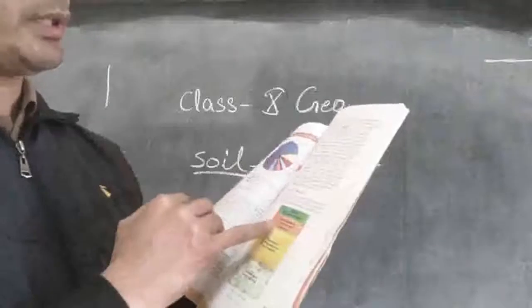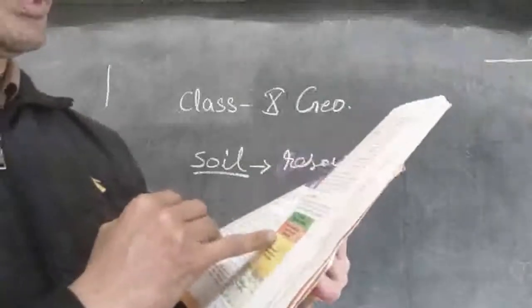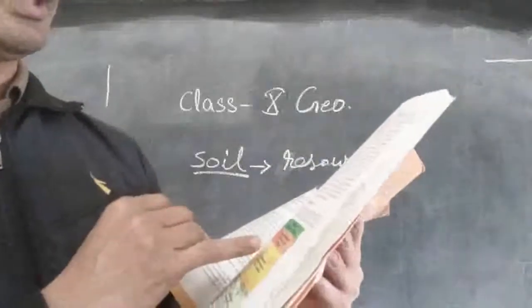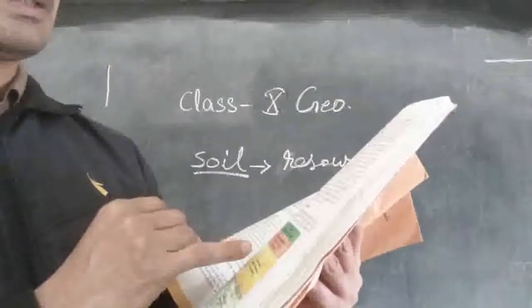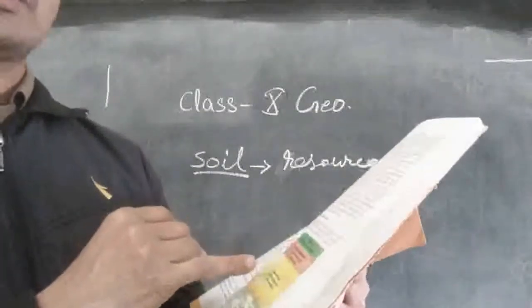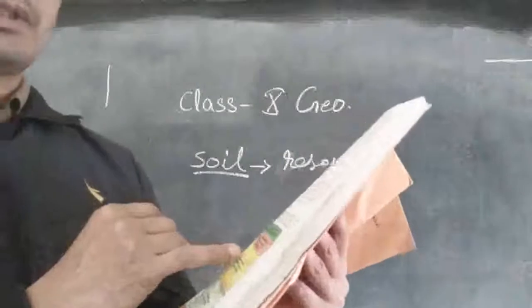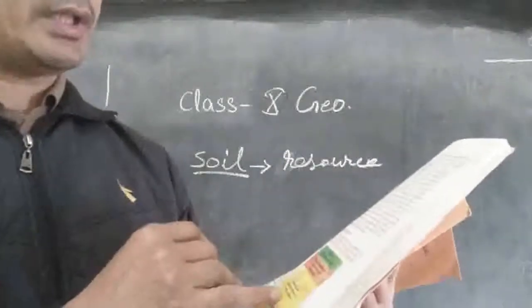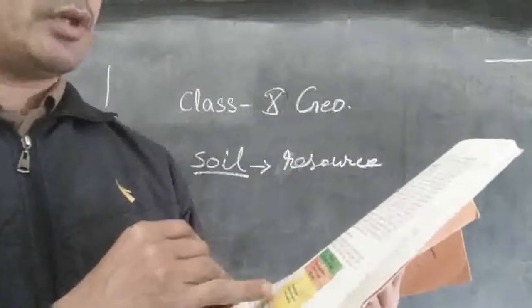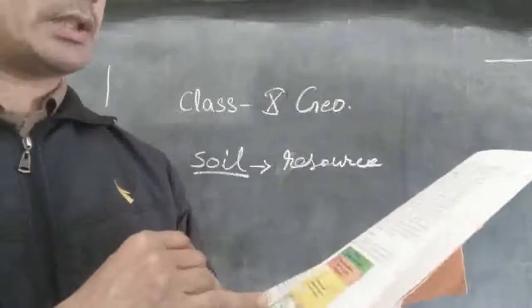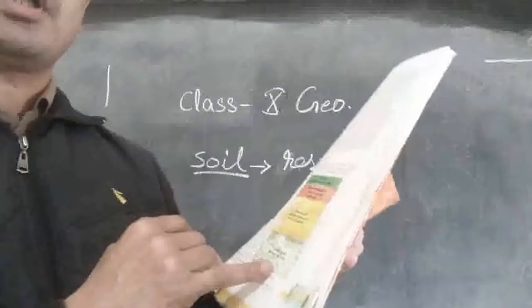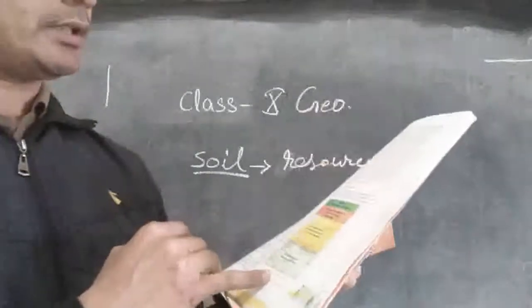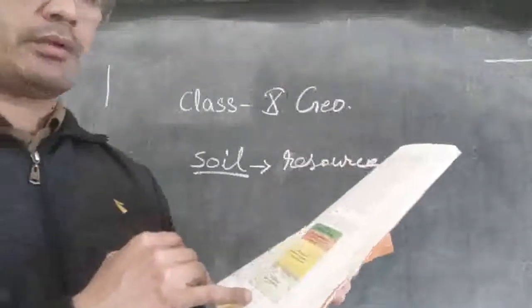On top there is soil, then below that there is subsoil like weathered rocks, sand and silt and clay. Then below that again there is substratum, weathered parent rock materials and so on. Then at the bottom level there is unweathered parent rock.